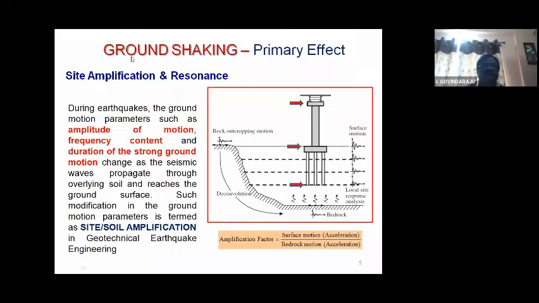As I mentioned earlier, the majority of the ground damage or earthquake damage is mainly due to ground shaking, which is nothing but a primary effect. Here is a typical example. Observe: I have a ground profile, a cross section, and this is the bedrock profile. And here is the rock outcrop, where the rock material is seen.